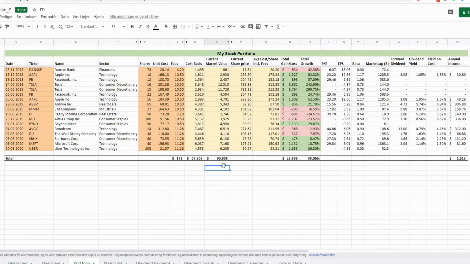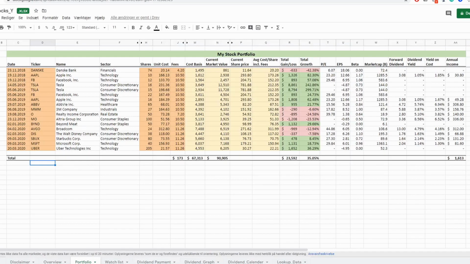Super excited about that, and hopefully we can get there in the next couple of months. As you can see on the left corner, I haven't done any purchases for the month of April, so hopefully I will come back in May and buy some stocks that are undervalued.